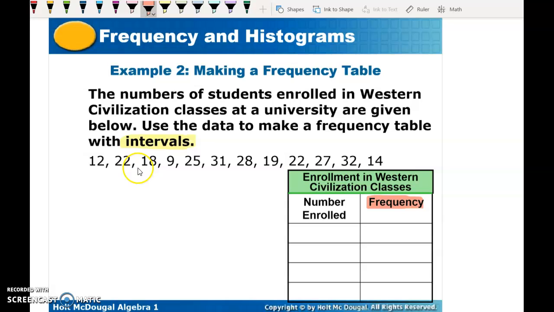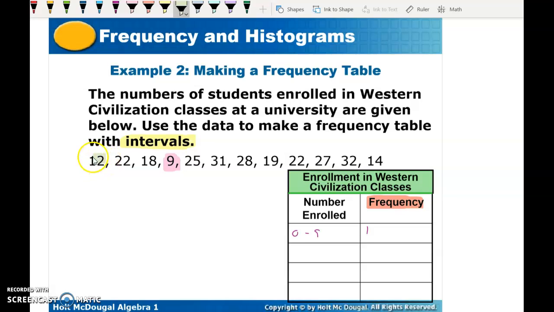So you should notice that there's one number here. There's number 9. And so we're going to make a group from 0 to 9. And how many of the numbers are between 0 and 9? Just one. Okay? Now, we also see that there are some numbers between 10 and 20.